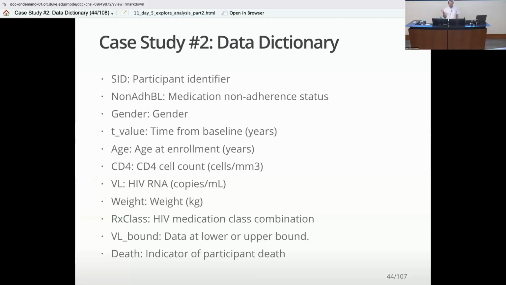I think nominal sounds reasonable. So medication adherence, you said was nominal. Anyone else?